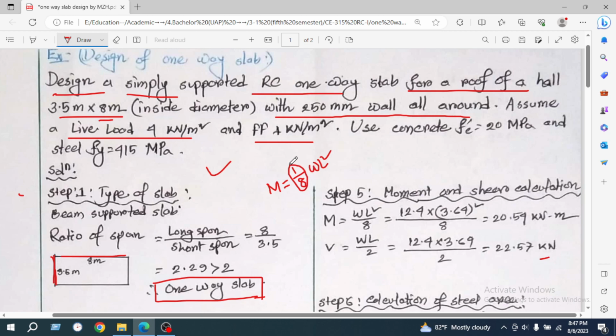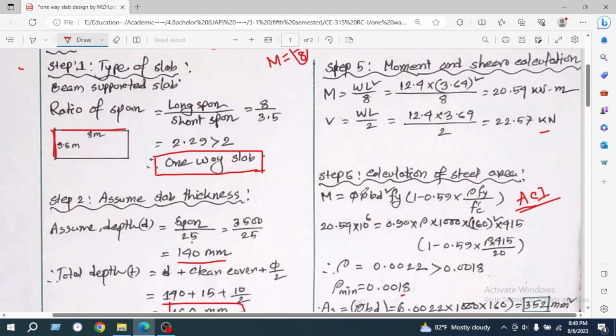If you want to use another coefficient, which is 1 by 8, or 1 by 12 or 1 by 10, the value will change, but it will be a very minor change. And in the same way we will calculate the shear value, which is WL by 2. So we get 22.57 kilonewton per meter.